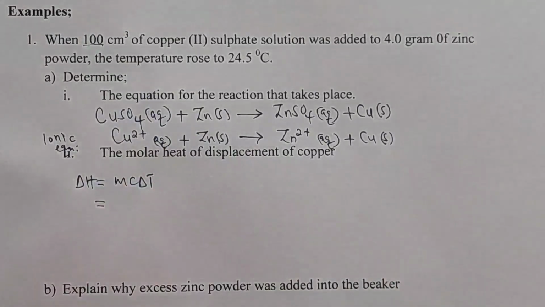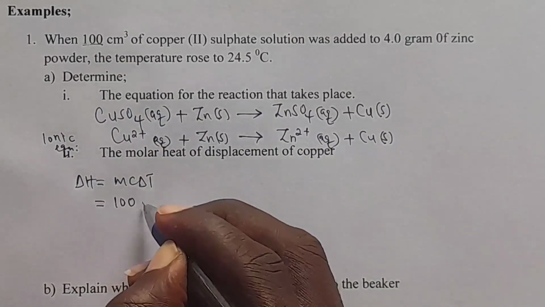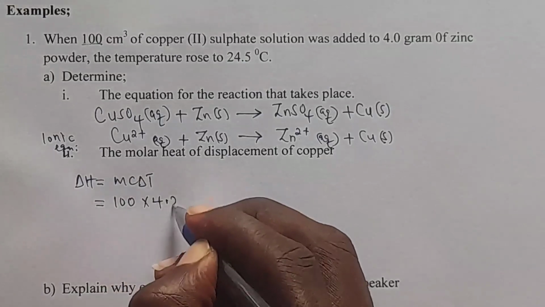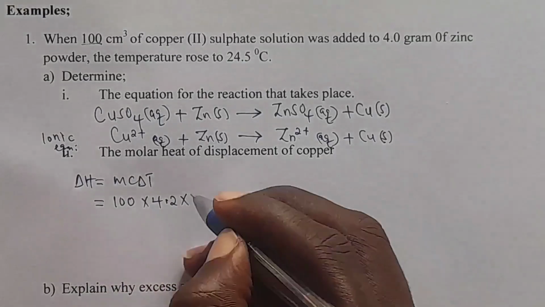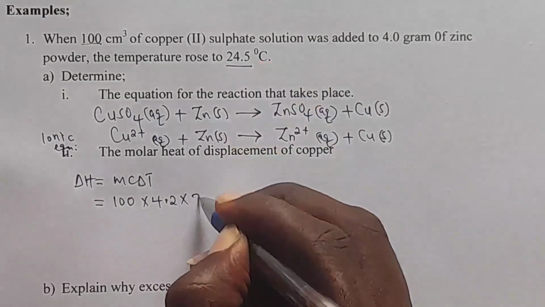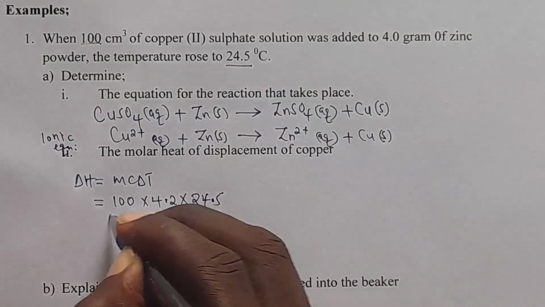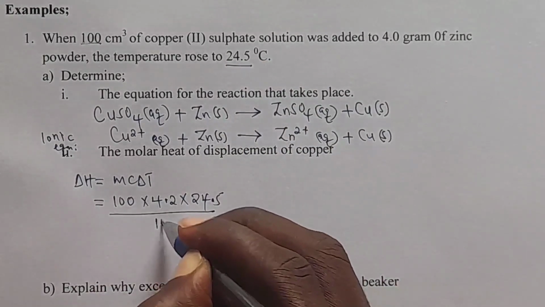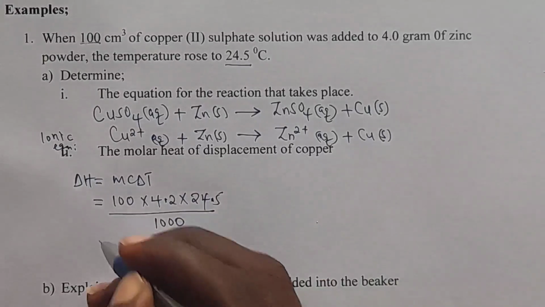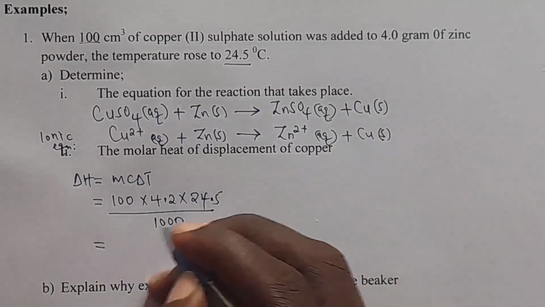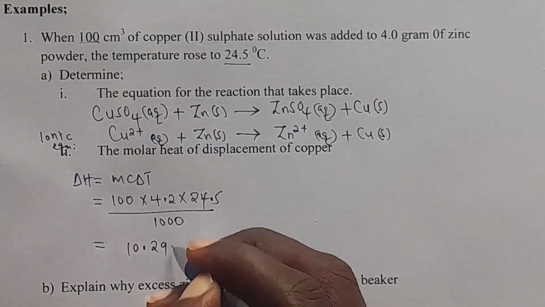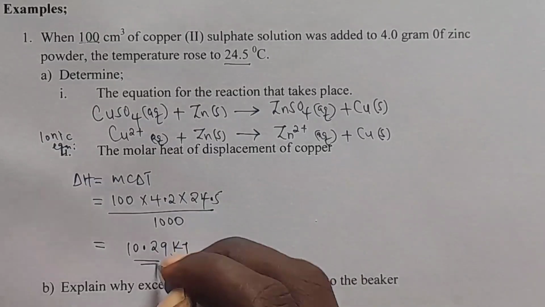Here we have 100 centimeter cube, that means 100 gram, times 4.2 as my specific heat capacity, times the temperature change, 24.5 because we are told the temperature rose to, divided by 1000 so that we convert it into kilojoules. So I'm going to get 10.29 kilojoules as my enthalpy change.